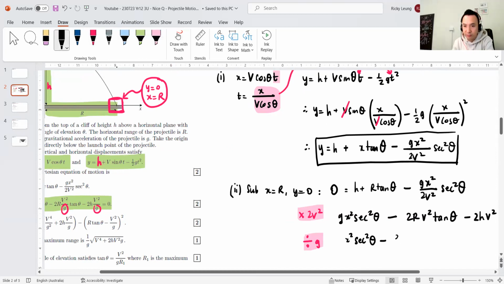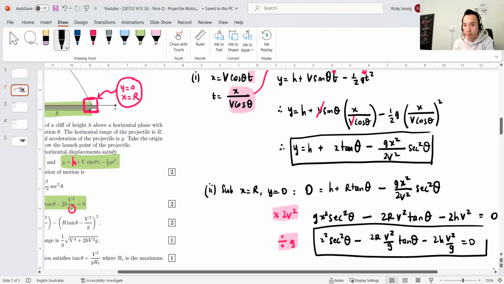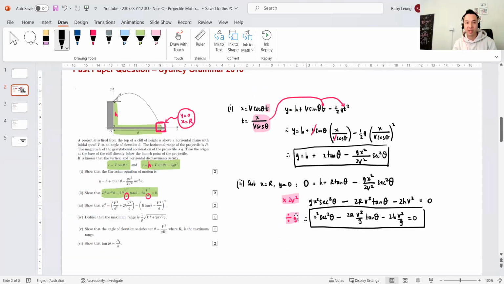Divide that by g, 2r, and they put v squared on g like this, tan. And then this guy divided by g, you get 2h v squared on g. That equals 0. Therefore, done. So that was just algebra manipulation of that.